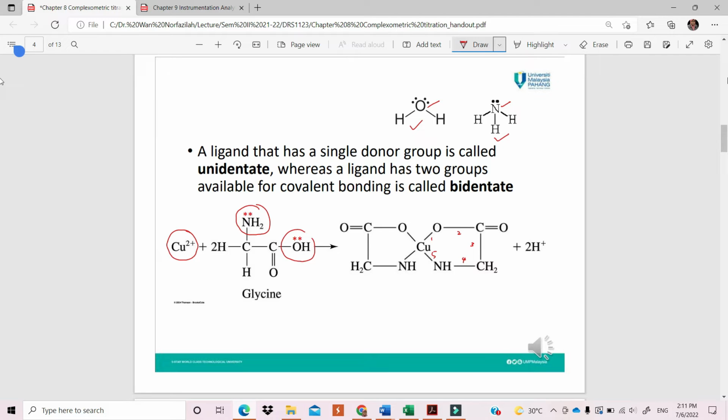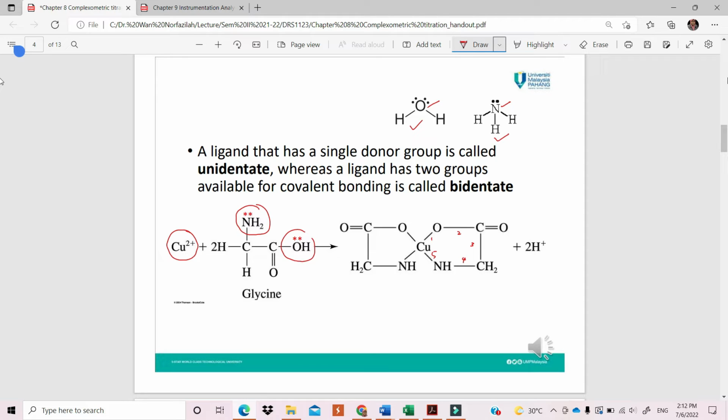Whereas a ligand with 2 groups available for covalent bonding is called bidentate. Okay, kalau ada 2 macam glycine ni, kita panggil dia juga bidentate. So ada beberapa nama lah. Okay, ligand used for general compound that can form bonding with the metal ions.